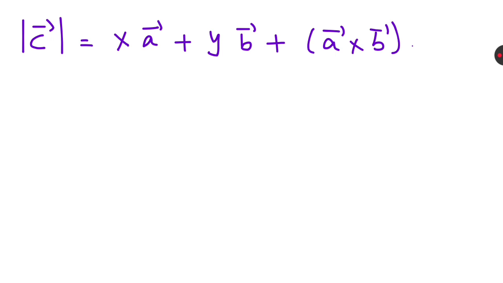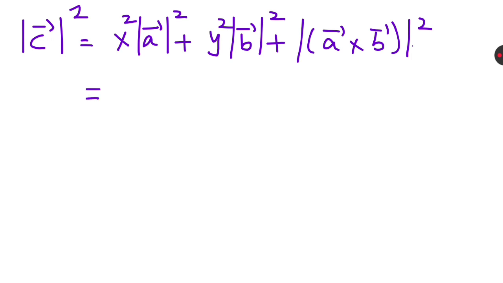C square equals x power 2 times magnitude of A power 2, plus y power 2 times magnitude of B power 2, plus magnitude of A cross B whole power 2. And we know that A and B are unit vectors, so each magnitude is 1. So we get x power 2 and y power 2.